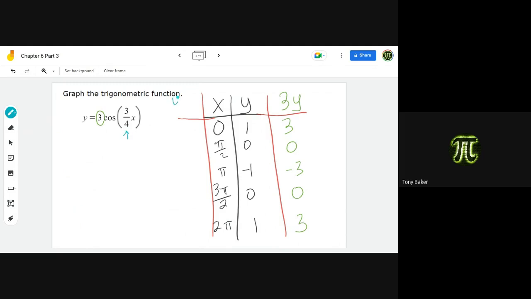I'm going to do 4 over 3, which I believe is the exact same thing I just did a second ago, right? I flip it over. So 0, 2 pi over 3, 4 pi over 3, 2 pi, and then 8 pi over 3.